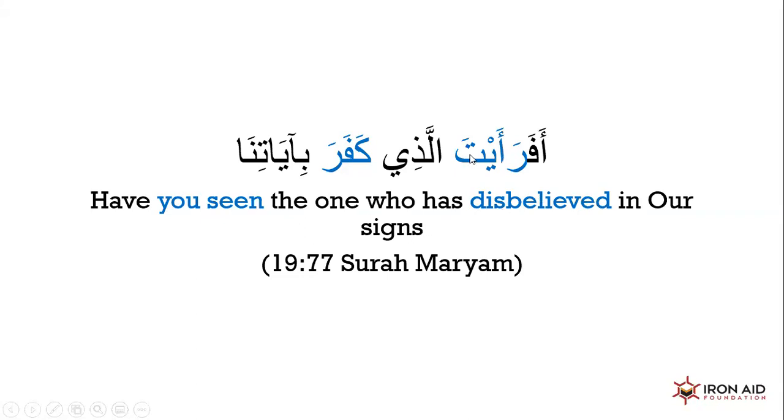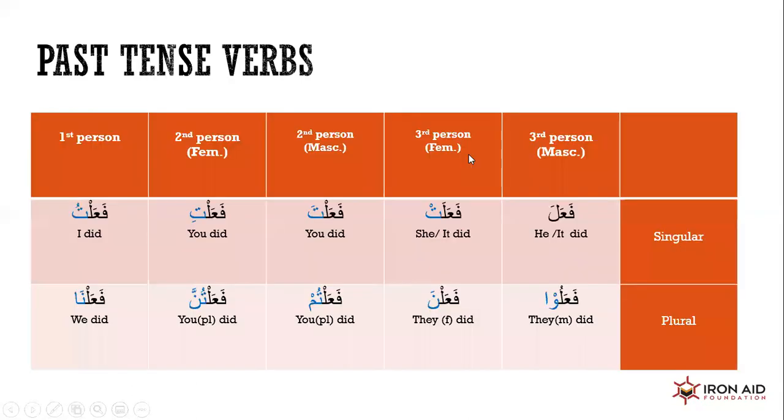So رأيت means you have seen. If we go back to the table, talking about you, second person, singular, that's why the addition of ta. So ra'a would be he saw. Ra'ayta, so you saw.